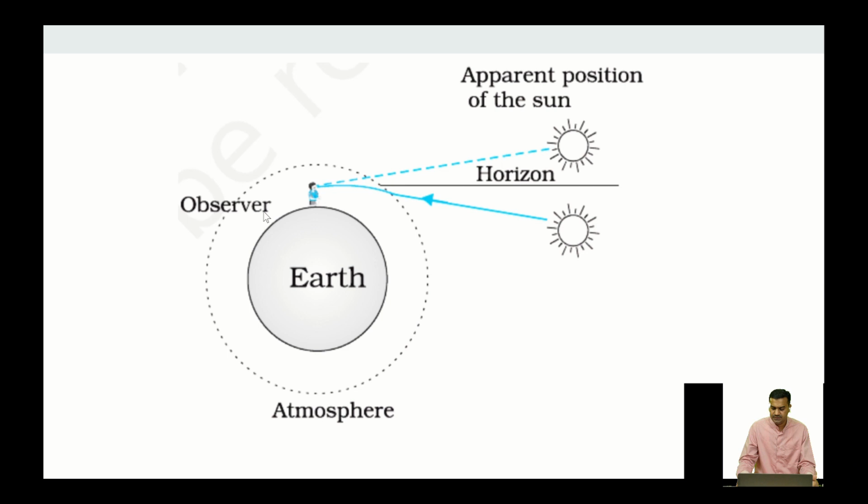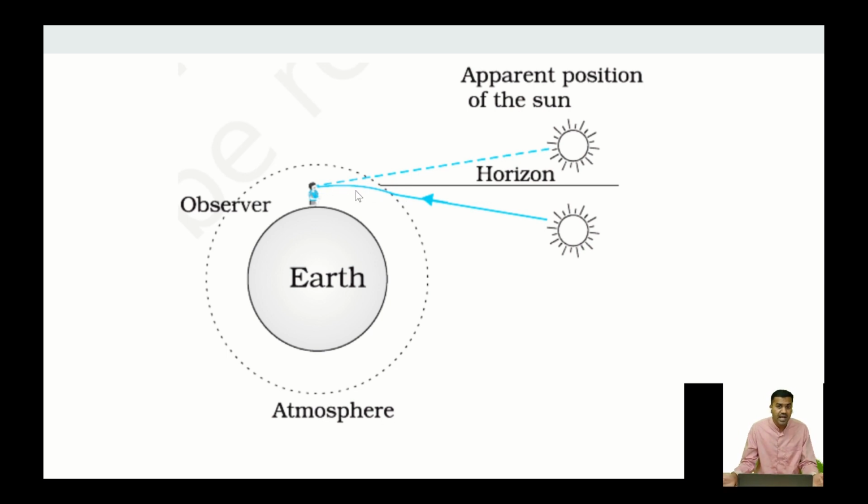So due to this, what happens here? This is the atmosphere, whose refractive index is 1.00029, and the surrounding is a vacuum, whose refractive index is 1. When light travels from here and enters the atmosphere, it is moving from a rarer medium to a denser medium.